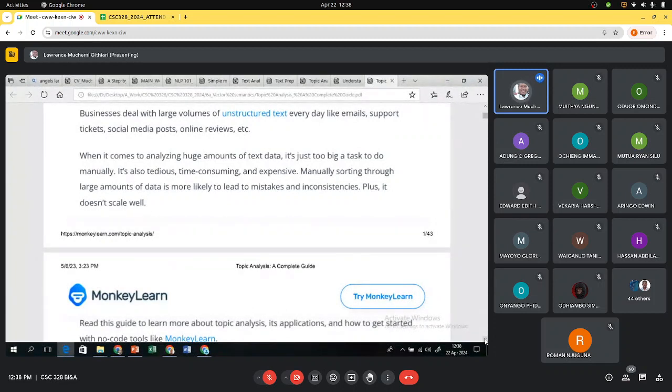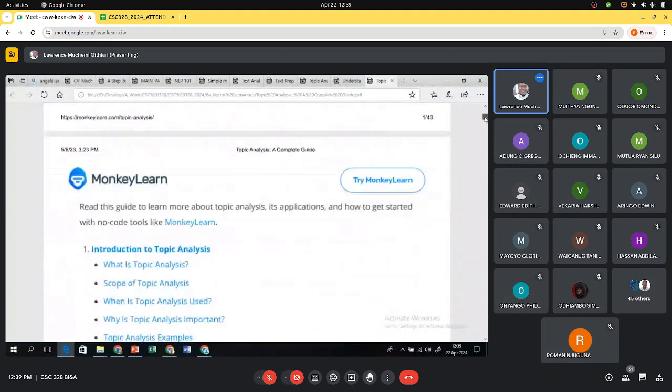It's tedious, time-consuming, expensive. Manually sorting through large amounts of data is more likely to lead to mistakes and inconsistencies. Plus, it doesn't scale very well. This is now where we are talking about manual. Remember, I talked about this earlier on, where either you tag your data manually or you try to do it automatically.